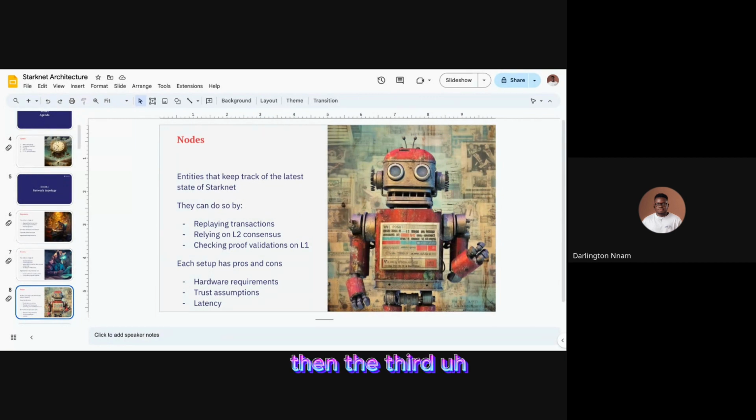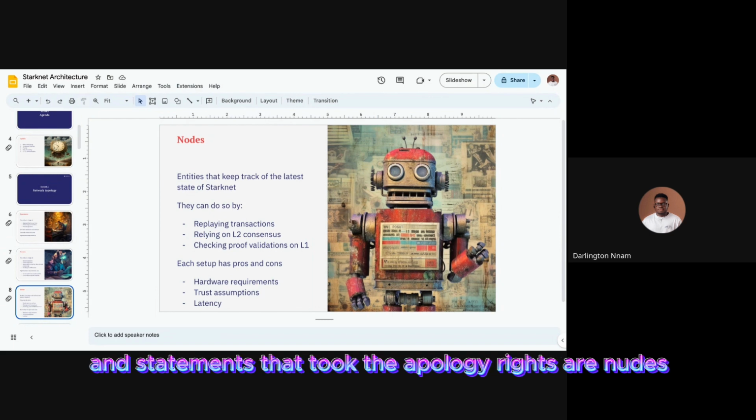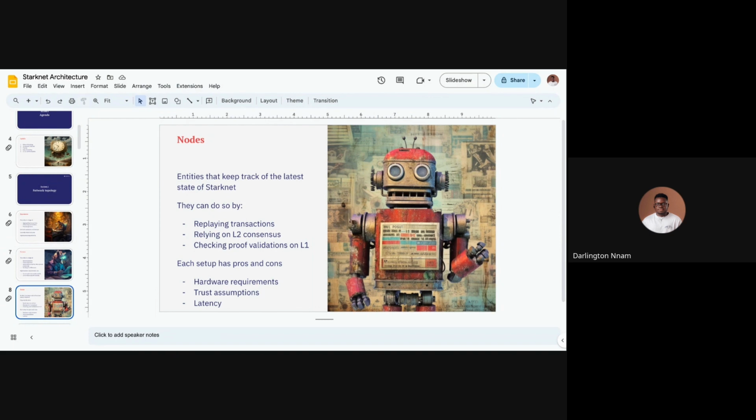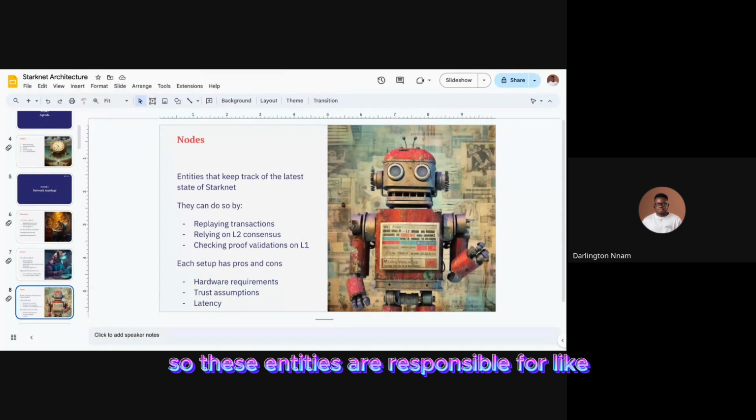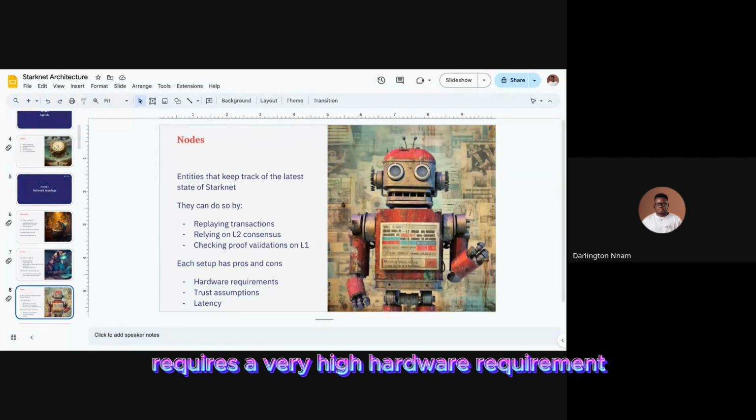Then the third important participant in Starknet's network topology is nodes. Nodes are a concept we are already very familiar with from Ethereum. These entities are responsible for keeping track of the latest state of Starknet, and there are different kinds of nodes and different ways they can do this. One way is by replaying every transaction, but this type of node requires very high hardware.